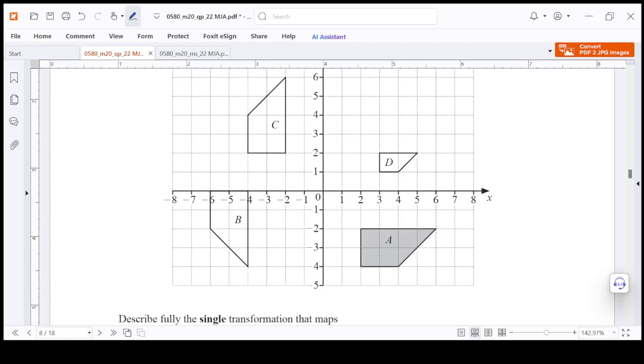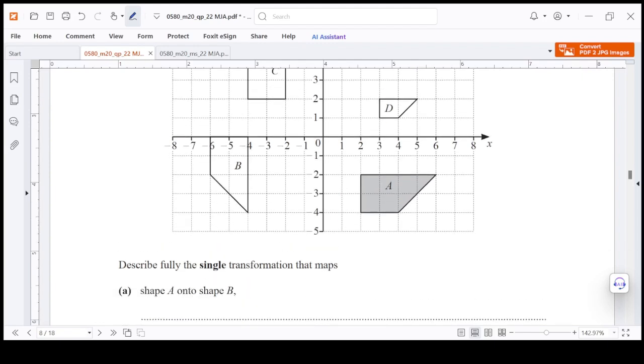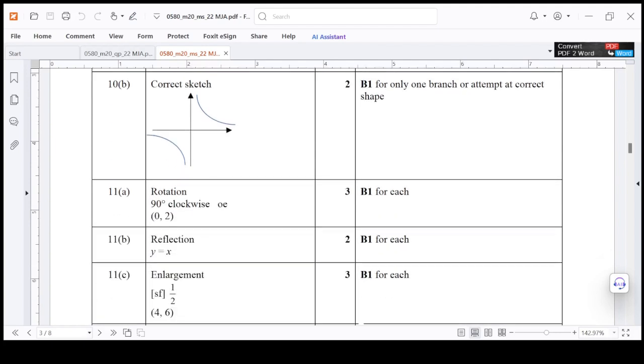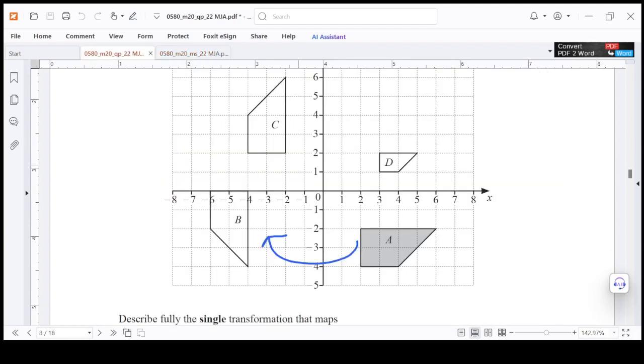In this question, we have to describe fully the single transformation that maps A onto B. This looks like a rotation, and you will have to find the center of rotation using tracing paper, and the angle seems to be 90 degrees clockwise. Let me check the answer. Yeah, rotation 90 degrees clockwise, and the center is 0, 2, which you'll learn using tracing paper.